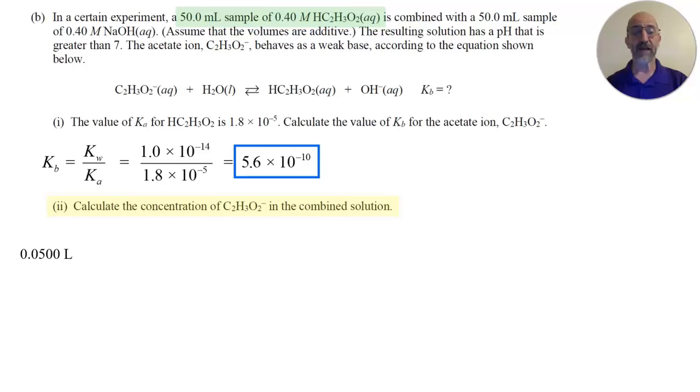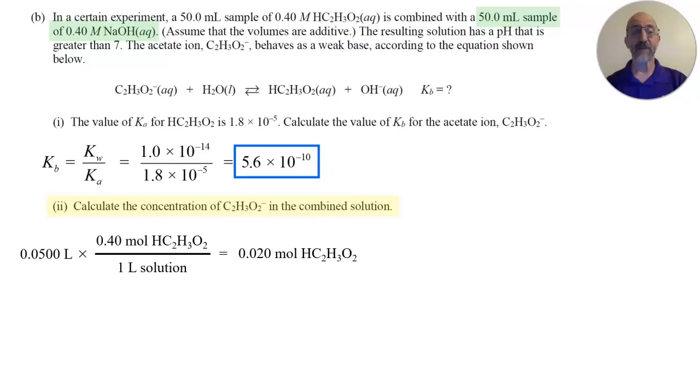I'm going to write molarity as a conversion factor. So times 0.40 moles of acetic acid for every 1 liter of solution. And when I pick up my calculator to get the number of moles, 0.05 times 0.4 is 0.02 for the number of moles of acetic acid.